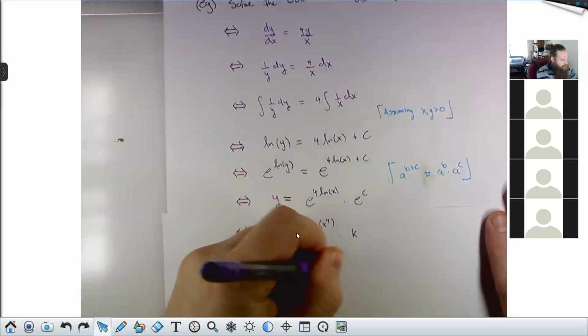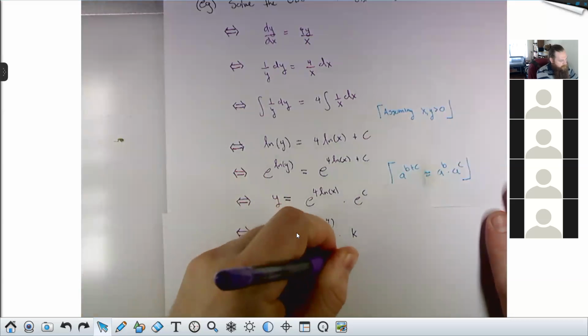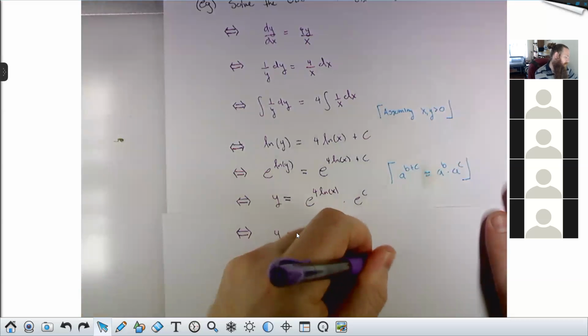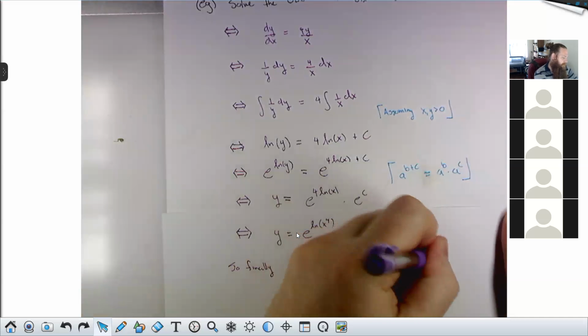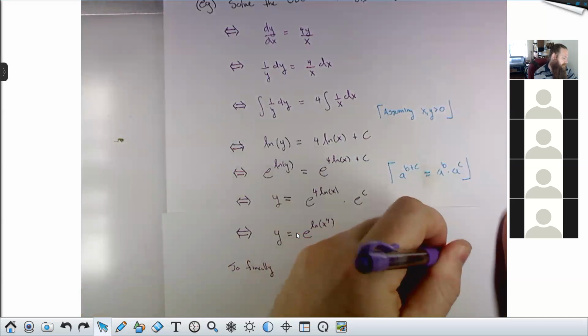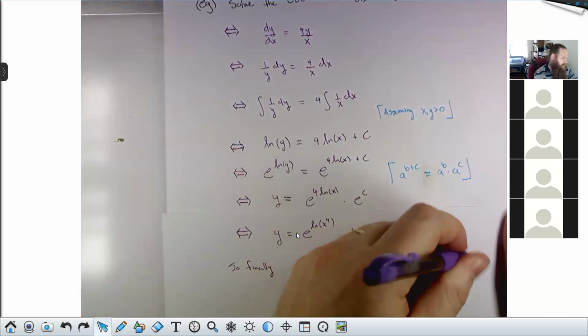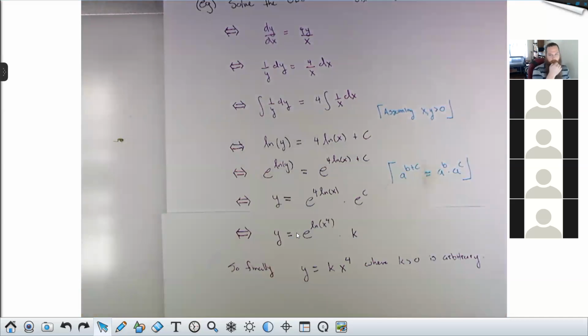So I have k times x to the 4, where k is a positive arbitrary constant. So that original differential equation is solved by any constant times x to the 4. This is the function that would solve that differential equation, as long as you're using a positive constant k.